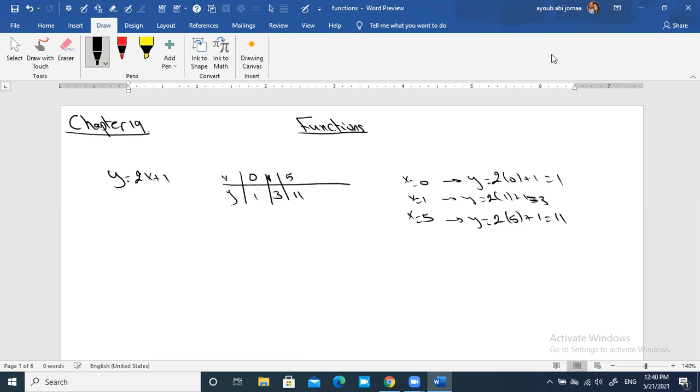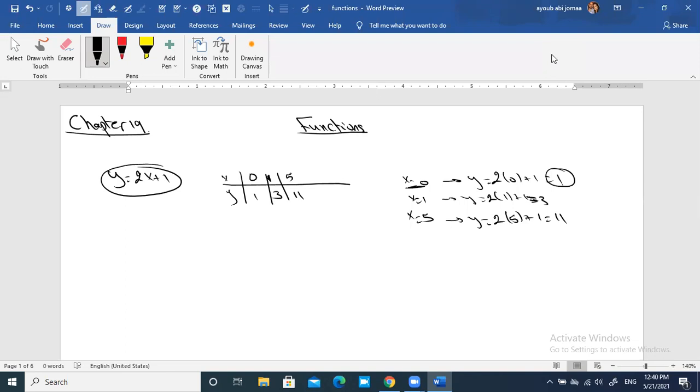As you can see here, for each input, you have one output. But this output depends on this rule, let's say. In fact, this is a function.